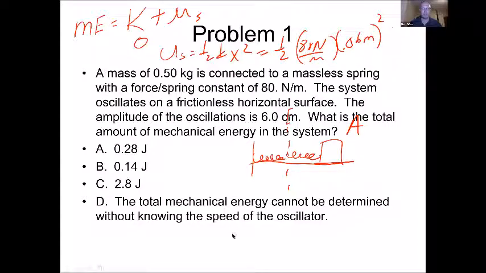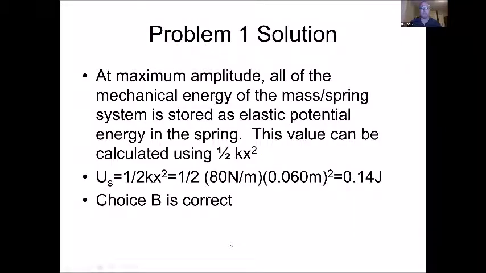So let's get to that next slide. It turns out it comes out to be about 0.14 joules or 0.14 Newton meters. So B looks good. Remember that answer. I think we're going to need it in the next problem potentially. So that's the amount of elastic potential energy, which turns out to be all of the mechanical energy of the system.